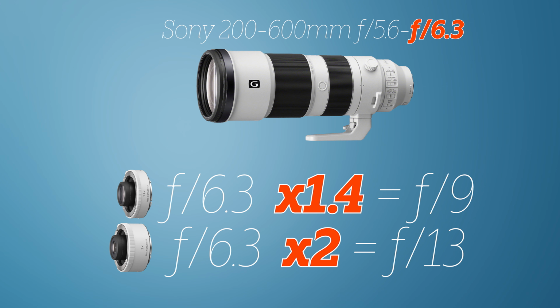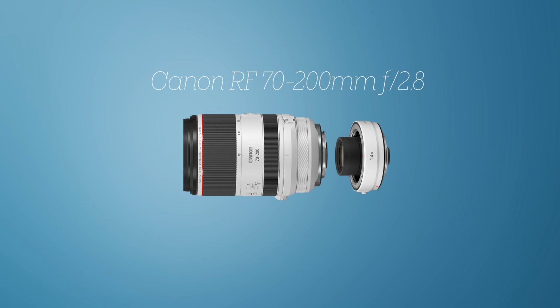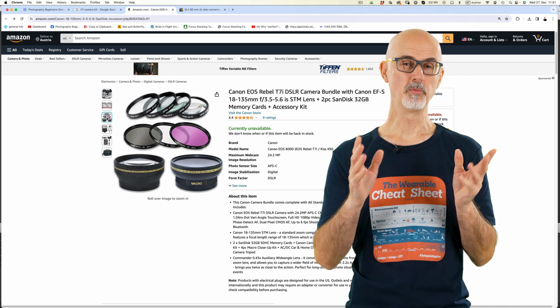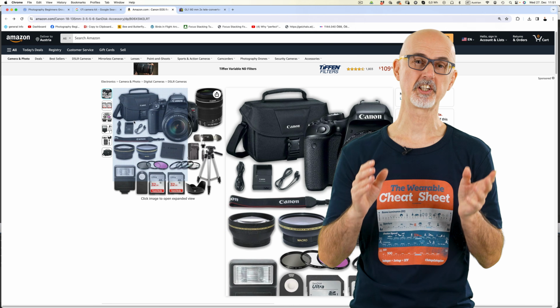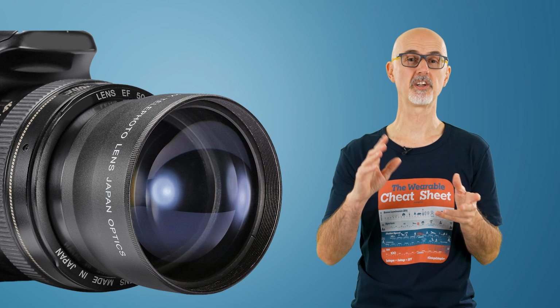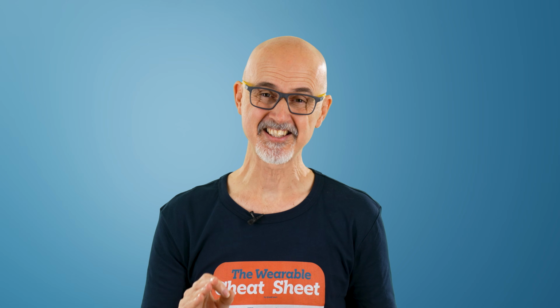Resulting for example in f13, which might require a very high ISO. Also be aware that many teleconverters only work with specific lenses, so you cannot pop them on every lens. And let me warn you from the cheap teleconverters that come with big camera packages but are also available as a separate purchase. These are absolute crap and won't make you happy.